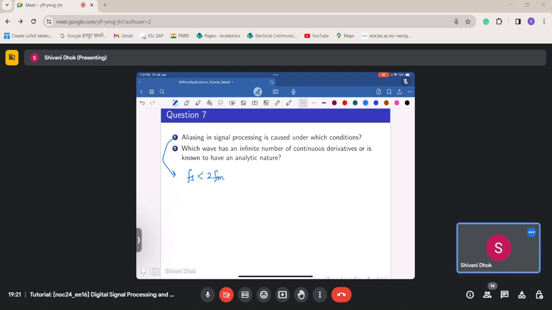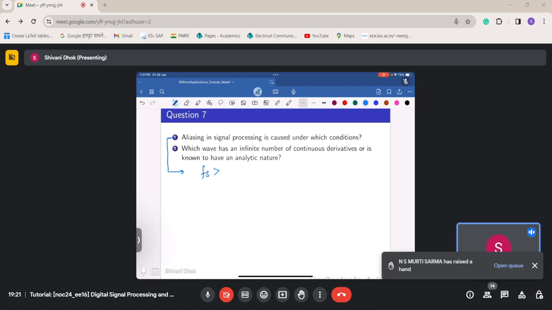Correct. So aliasing occurs when my sampling frequency is less than 2 times Fm.